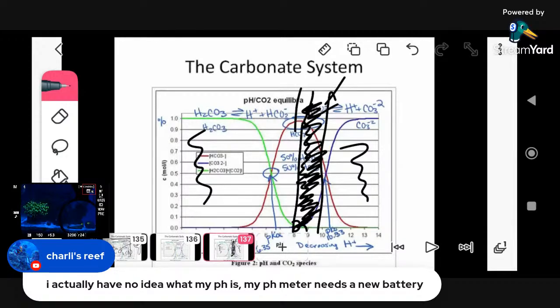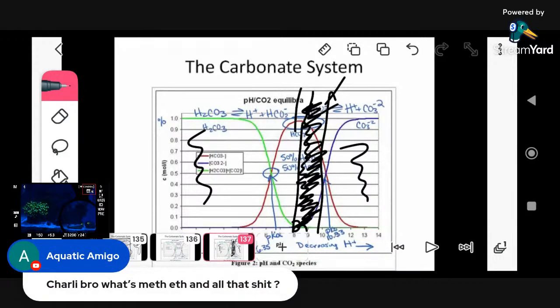Oh snap! Yeah, I need to check my pH too. Charlie's asking about meth, eth, and all that. Those are prefixes. Yeah, suffixes are the end. Usually prefixes, so we can know how much of each molecule there is.